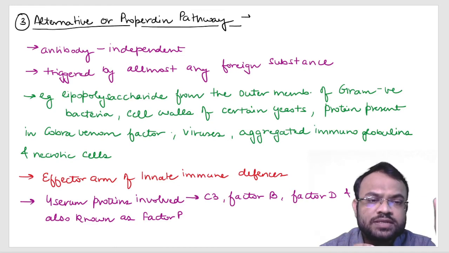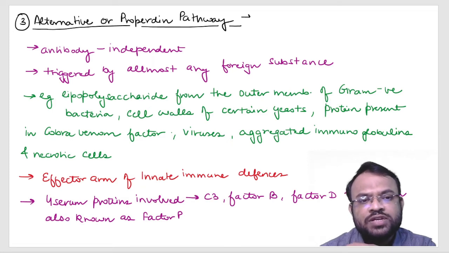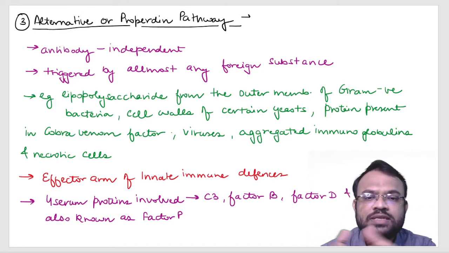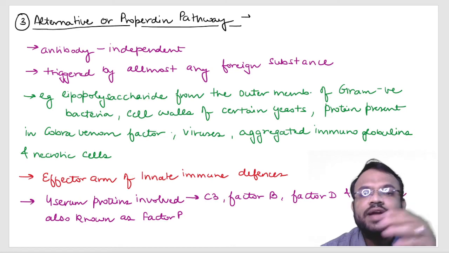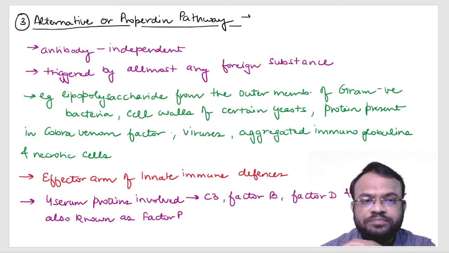Now, since no antibody or T cell is involved in this pathway, can you tell me which part of the immune system this alternative pathway activates? Yes, you are correct. It activates the innate immune defenses.